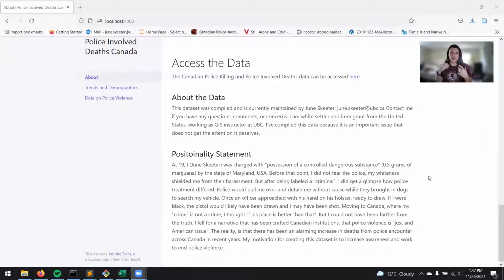And so this is just a rough example of a positionality statement, talking about my motivations in relation to this work. So for instance, at 19, I was charged with possession of a controlled dangerous substance. I was arrested for 0.5 grams of marijuana in the US.